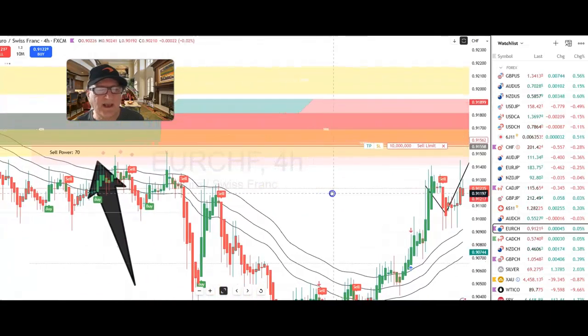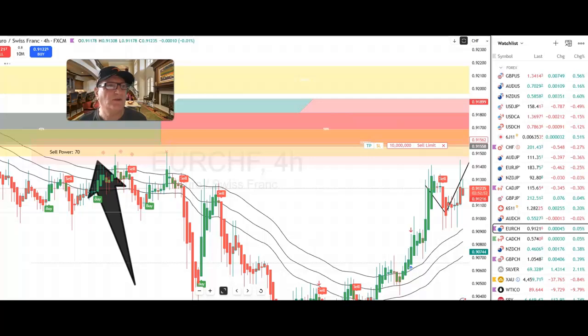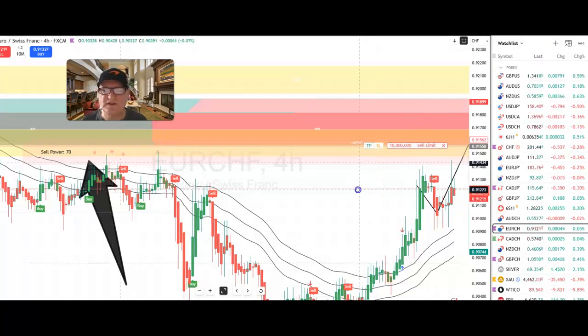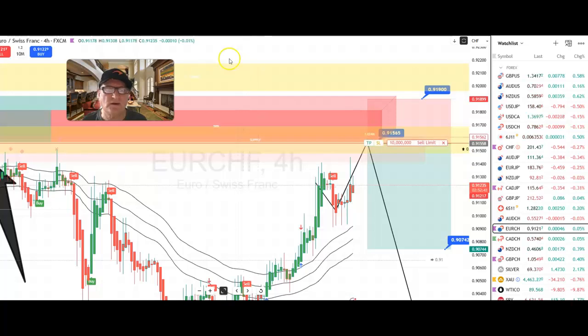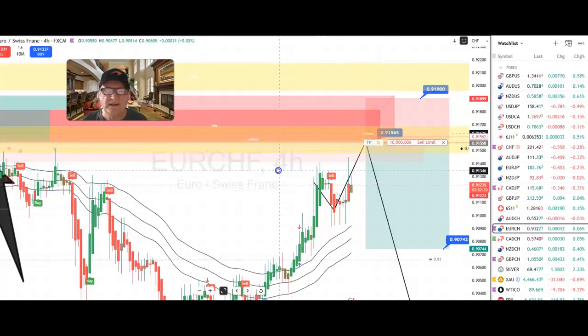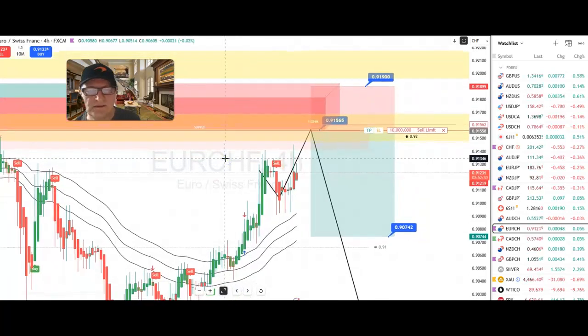First of all, we have a sell power of 70 on the Euro Swiss, which is very strong on the 4-hour chart, and we can see the areas of major resistance, and we have 58% of orders from institutions that have not been filled yet in this supply zone. So I do have an order at 91.50, and I do expect the price to get there, and then obviously reverse, because this is a reversal chart here.